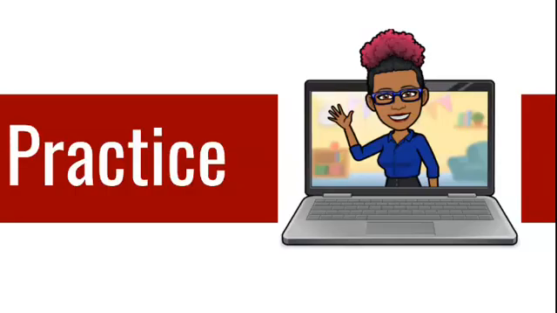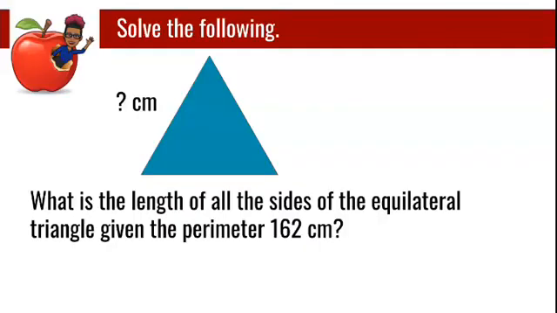Quick practice, so let's go straight into it. What is the length of the sides of the equilateral triangle given the perimeter 162 centimeters? Again, we are given the perimeter, the distance around that equilateral triangle. We have to find the length of the sides.